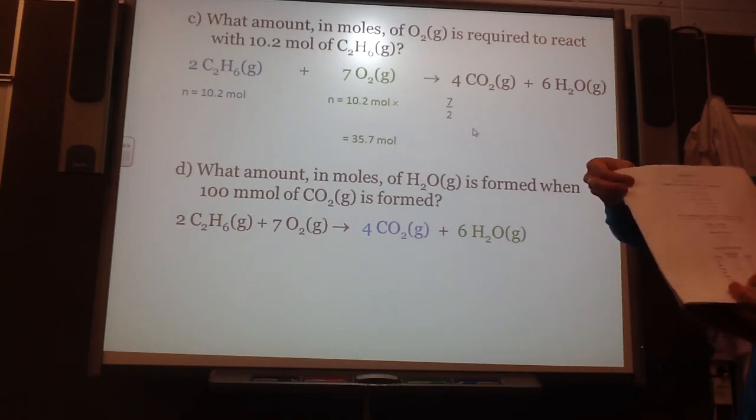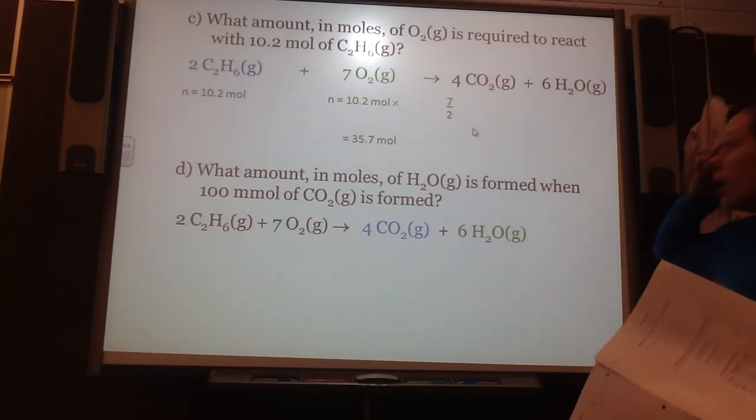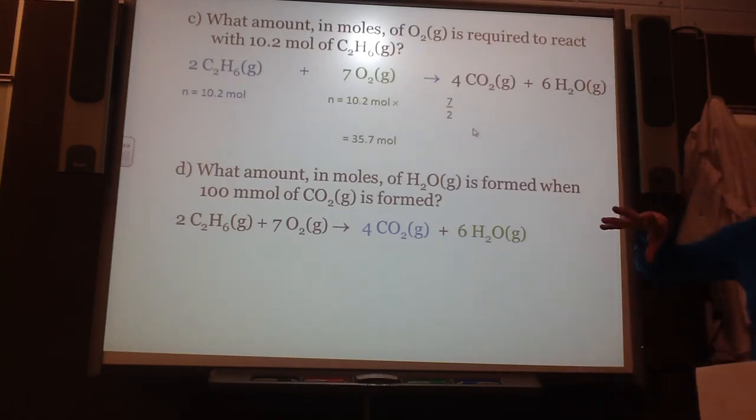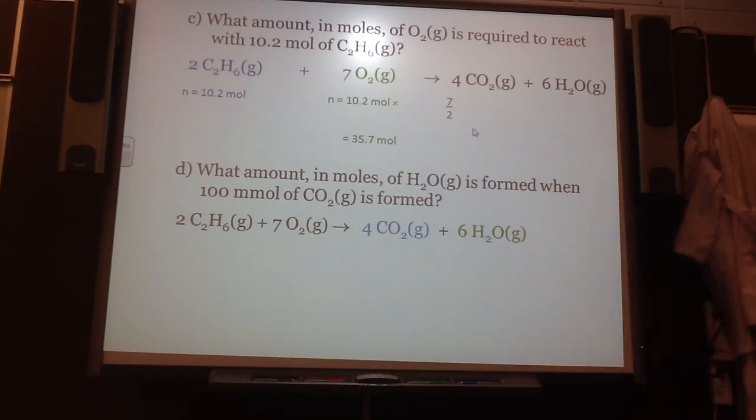That means milli, so it's 10 to the power of negative 3. So 100 millimoles is a smaller number of moles. If you wanted to keep it in millimoles and give your answer in millimoles, that would be fine too. You don't have to put it in moles to compare it. You just need to know that your answer is in millimoles.